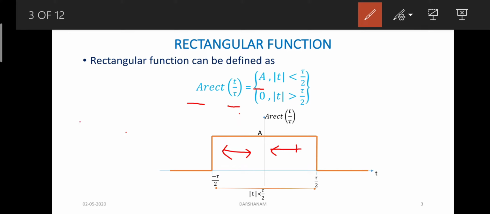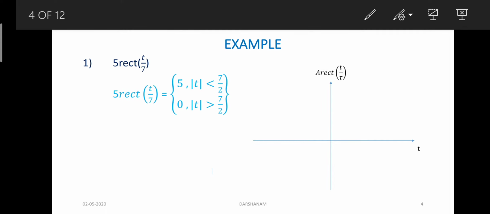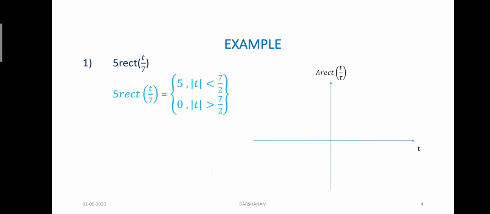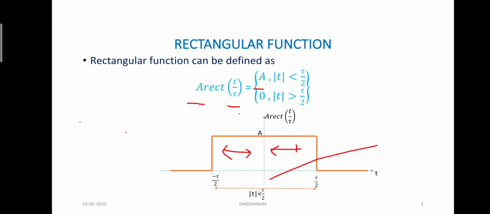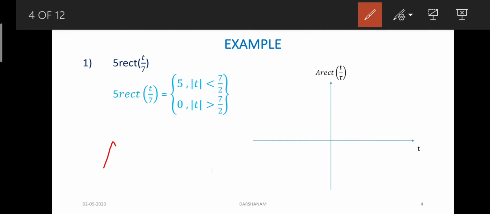Let's do one example. Let's do the example of 5 rect(t/7). Here we know the definition of the rectangular function is A for |t| less than tau/2 and 0 for |t| greater than tau/2. So here A is equal to 5 and tau, which represents the width of the rectangular function, is equal to 7.